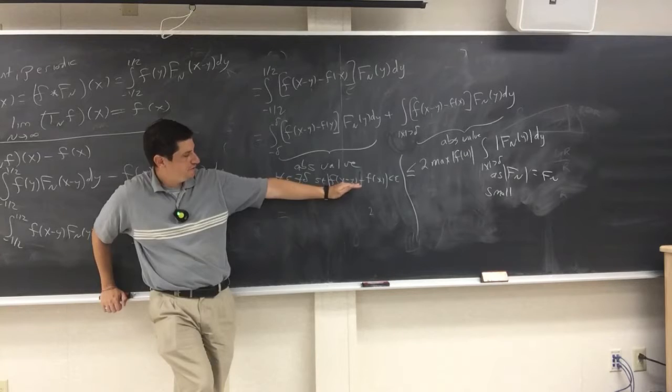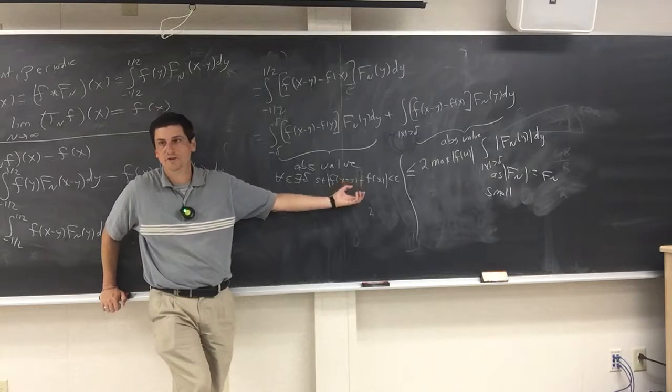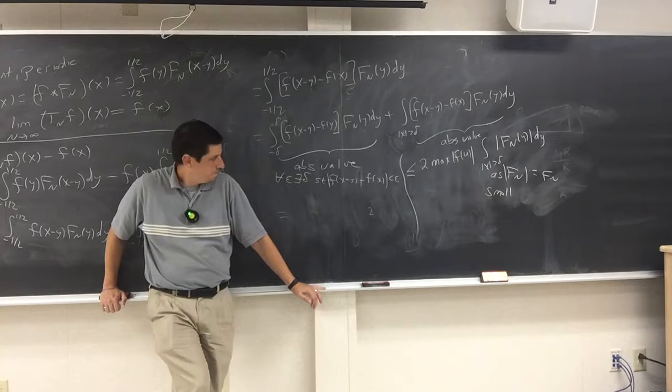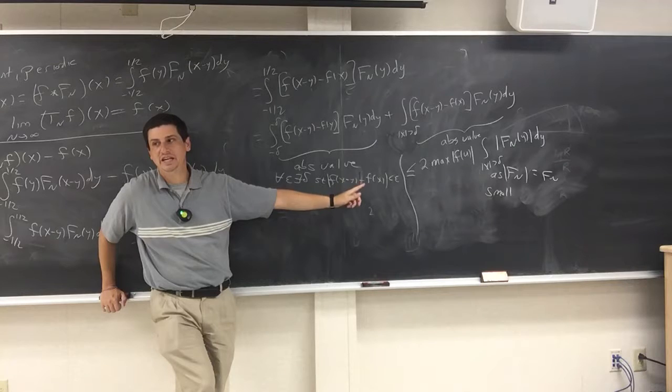What do I need about f for this statement to be true as written? Why does this hold? Because f is continuous. Okay. I need a little bit more than continuous. Uniformly. It's uniformly continuous. I'm on a closed interval.